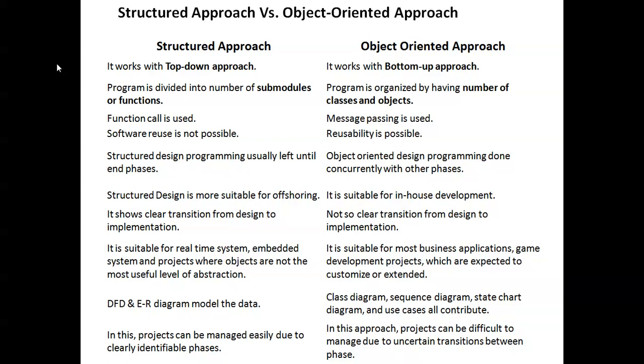In the structured approach, program usability is left until the end phases, while in object-oriented it proceeds concurrently with other phases. Structured design is more suitable for offshoring, and object-oriented is more suitable for in-house development. The structured approach has a clear transition from design to implementation.